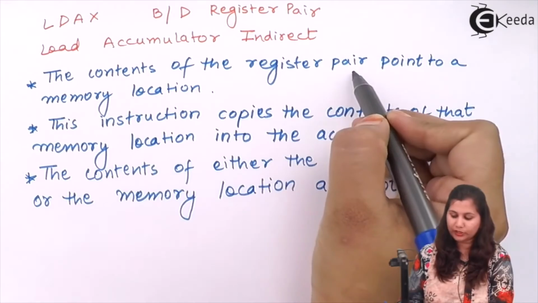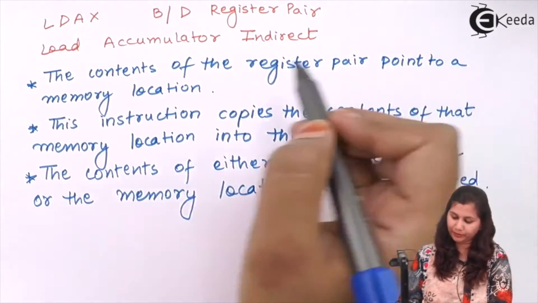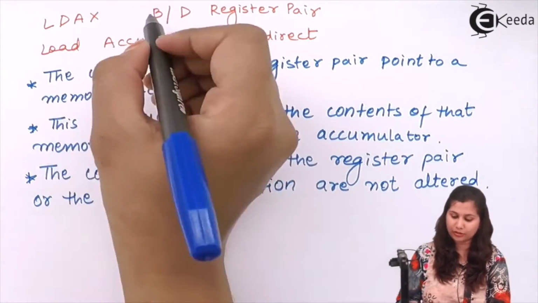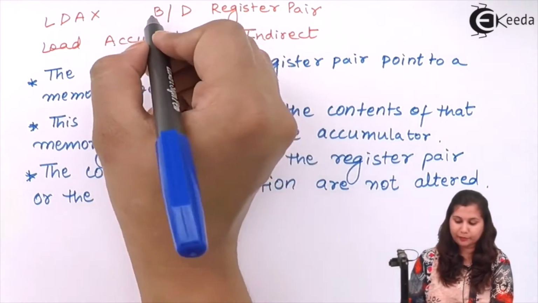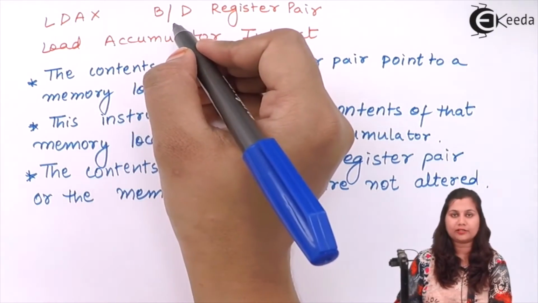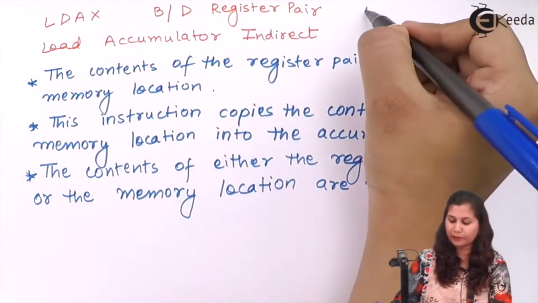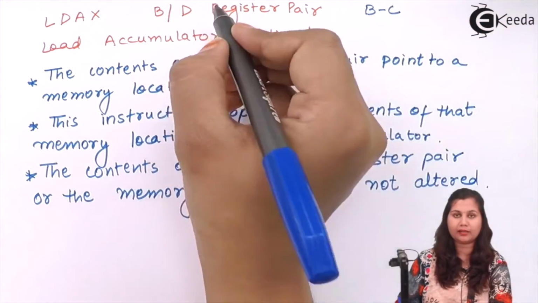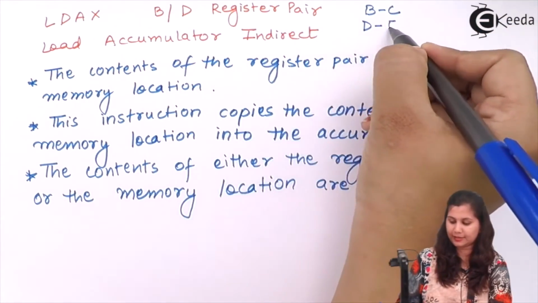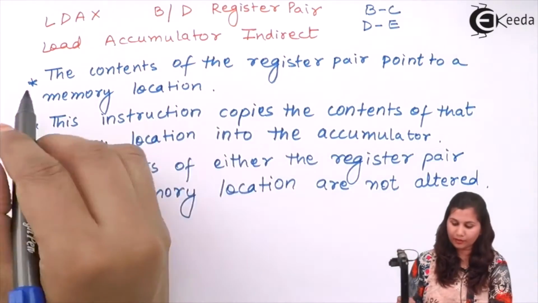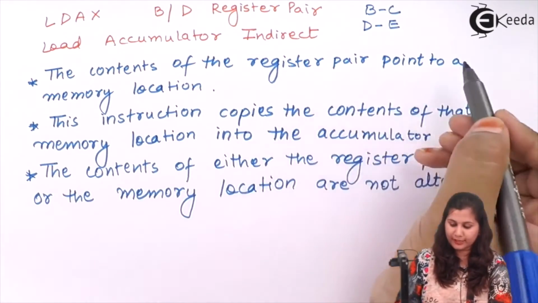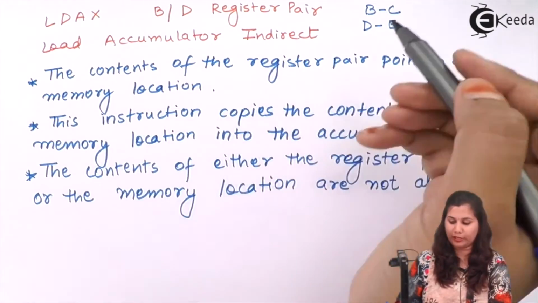The contents of the register pair point to a memory location. We have here the register pair B and D. HL register pair is not used. So B means BC register pair and D means DE register pair. So the contents of the register pair point to a memory location.